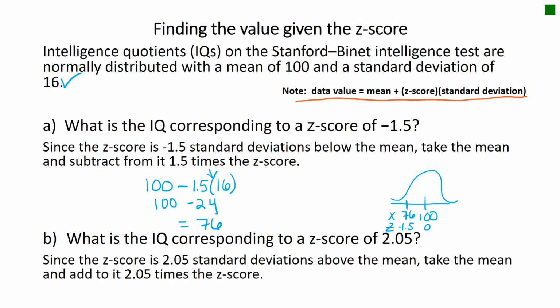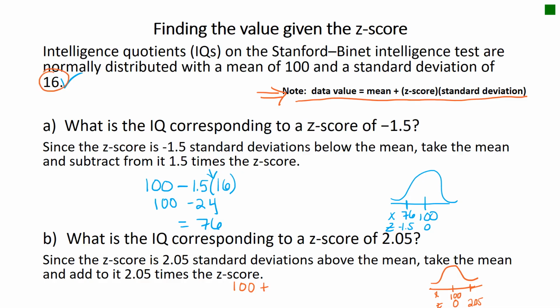Unless you think you need to memorize this formula, you can instead just think about what the z-score means. Again, we have a mean of 100, and it says, what is the IQ corresponding to a z-score of 2.05? Well, 2.05 is up here. Z-scores above the mean are positive, so we want to take our mean and add to it 2.05 standard deviations.